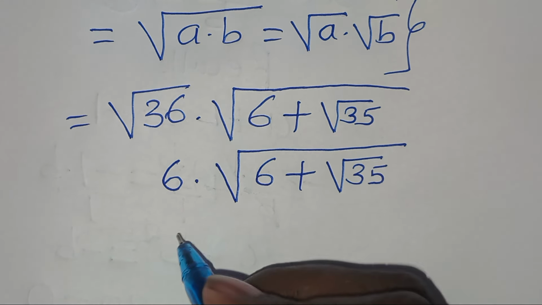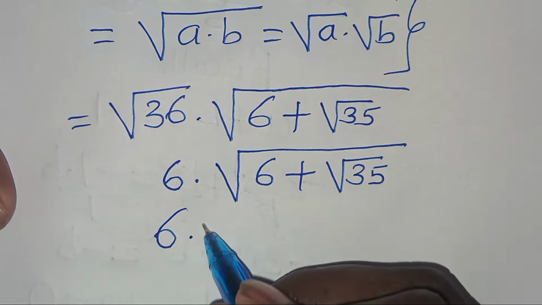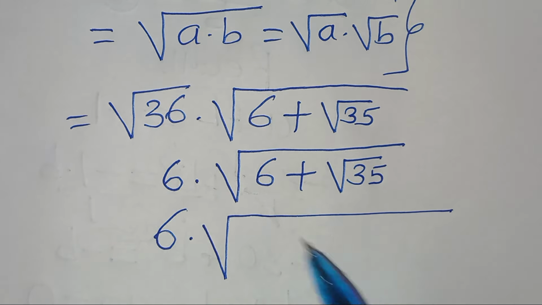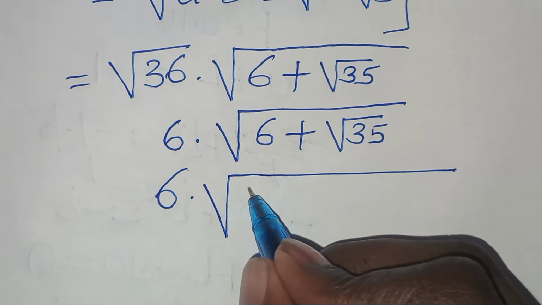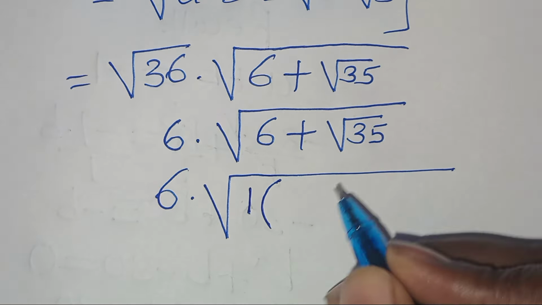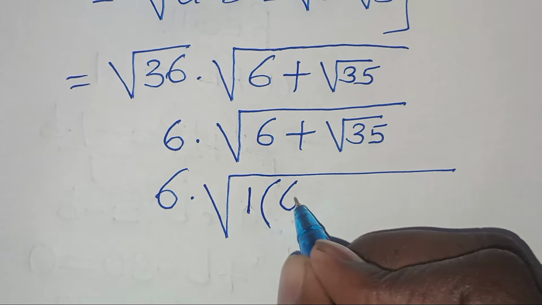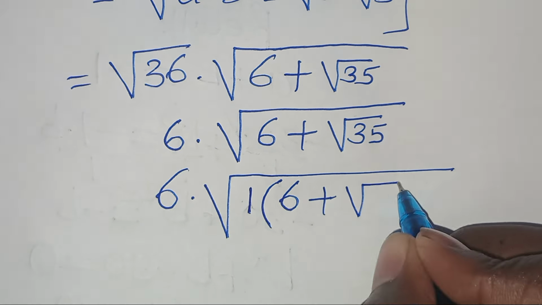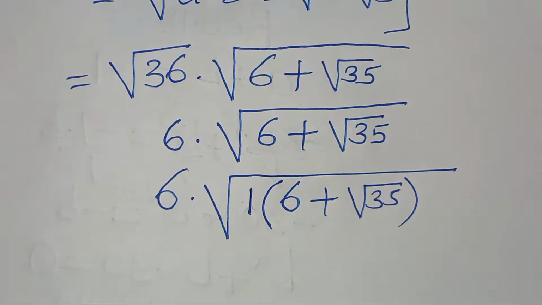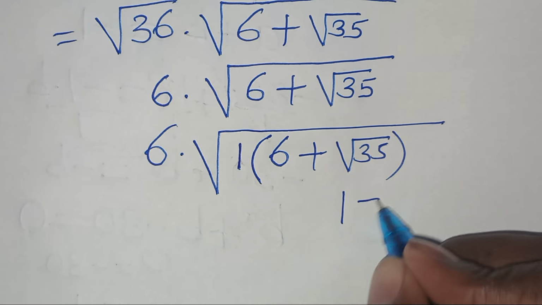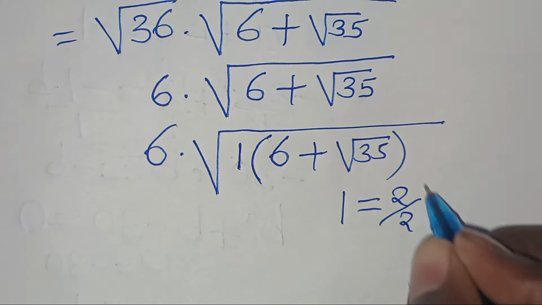Now we have here 6 multiplied by square root of 6 plus square root of 35. We have that 1 is common here, so we can factor out 1 into the parentheses. Now we can express this 1 as 2 over 2.